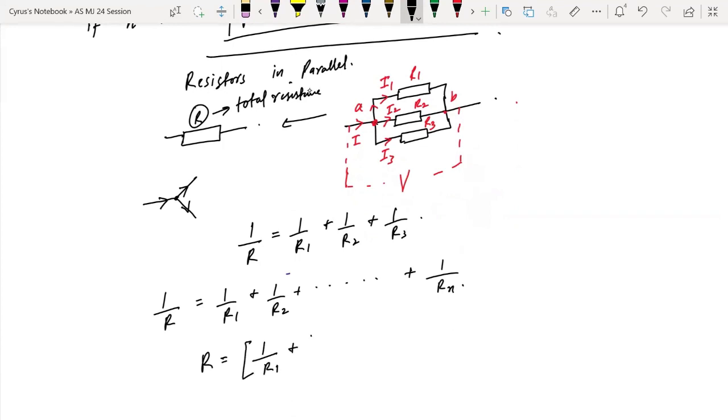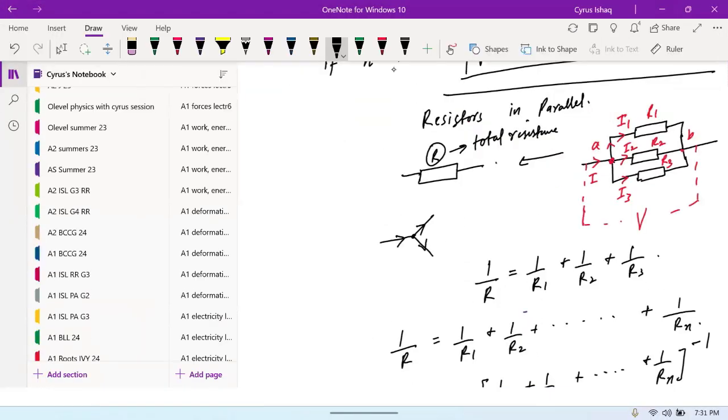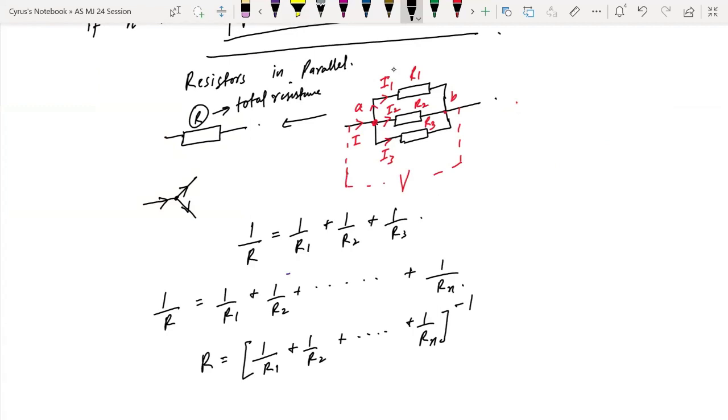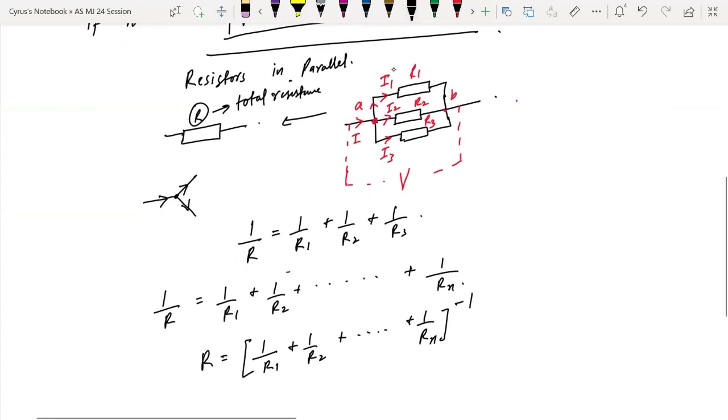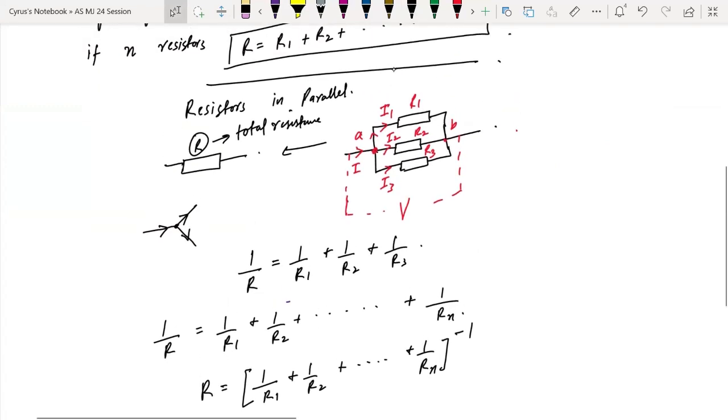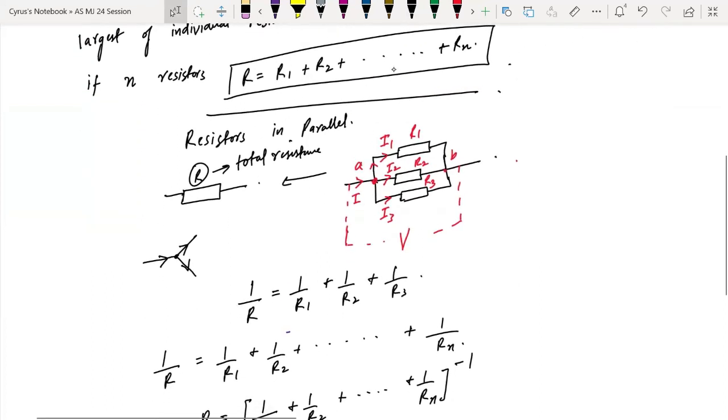Or you can write it like this, raised to the power minus 1. You calculate it like this. So this is how you will find the resistance in parallel, and in series you simply add all the individual resistors, right?